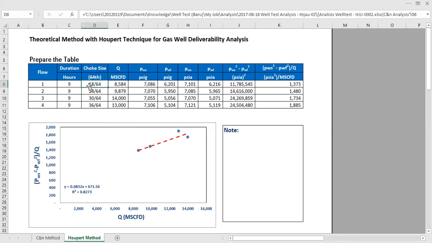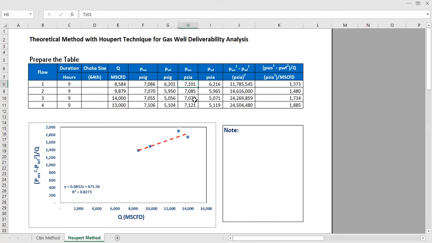Let's say I don't know the choke size, so I will just delete this data. We know the flow rate, and the flow rate is 8,584 MSCFD, thousand standard cubic feet per day. And then you can see this is the data. I know the static well bottom hole pressure in psia, this one 7,101.